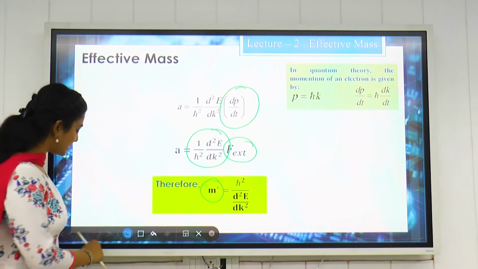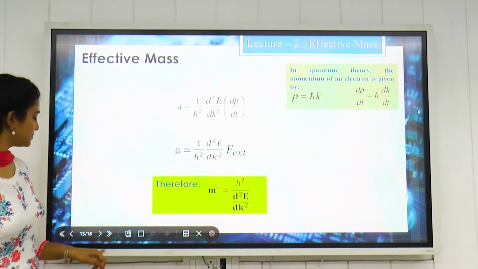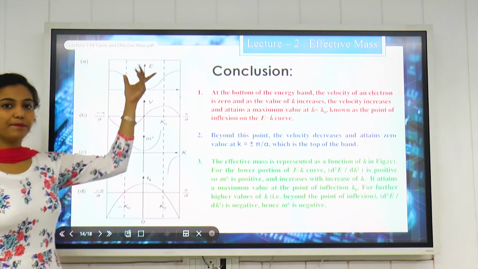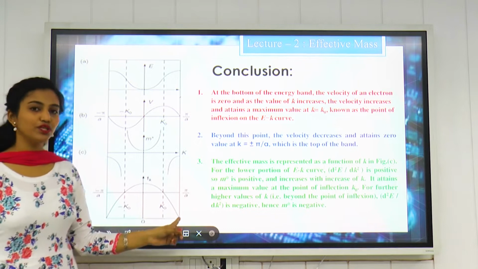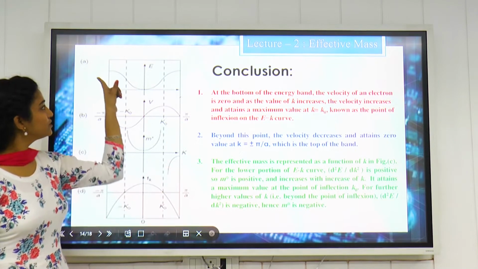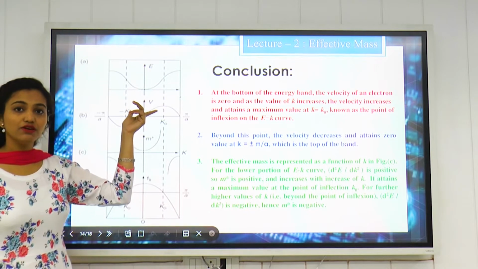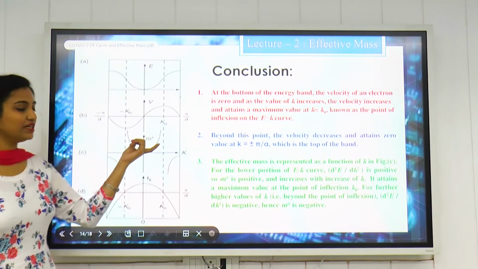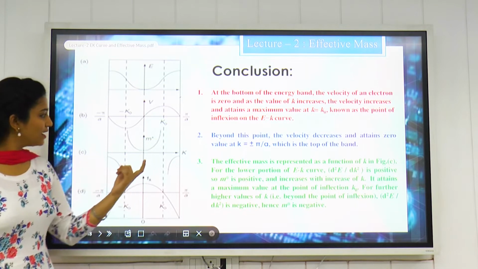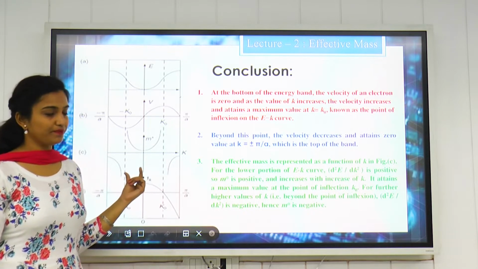So let's look at the graphical representation of the effective mass. We will compare it for the first Brillouin zone, from minus pi by a to plus pi by a. So corresponding to the Ek curve, we have the velocity of the charge carrier, then the effective mass of the charge carrier, and then we have f of k, that is the degree of freedom.